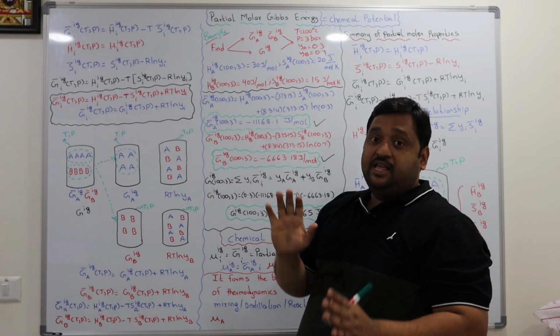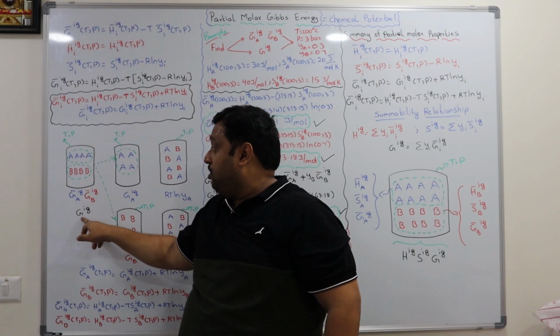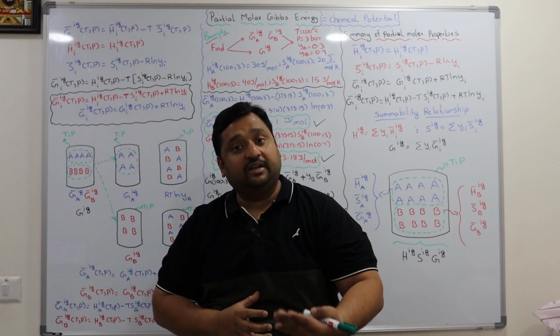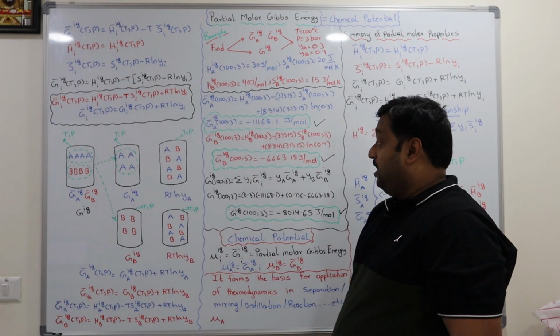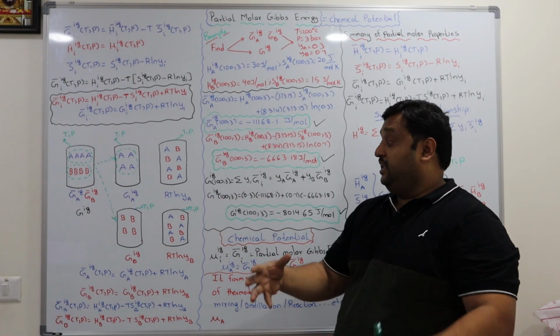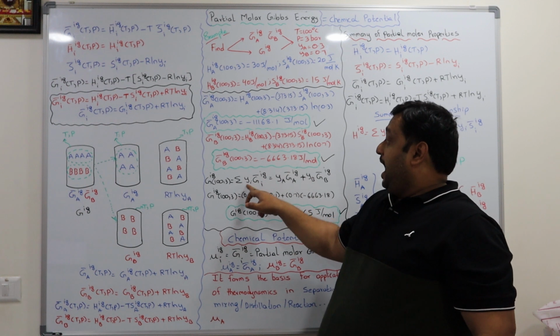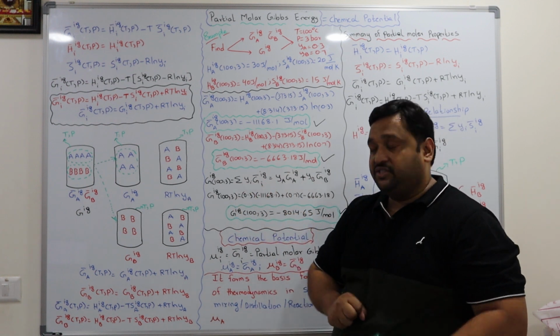What is the third thing I have to find out? What is the total Gibbs energy of the mixture? The total Gibbs energy of the mixture is contributed by A and B, so I have to sum these two. I use the summability relationship formula. According to the summability relationship, the total Gibbs energy of the mixture can be found by adding the partial Gibbs energies with respect to their mole fractions.